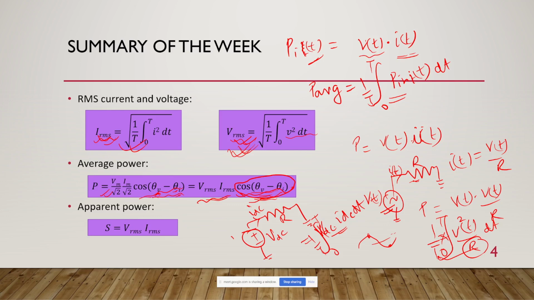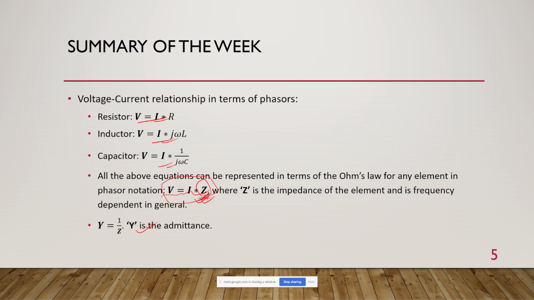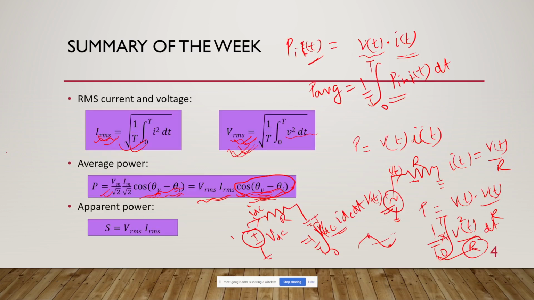When you talk about complex power, P is equal to V times I conjugate.